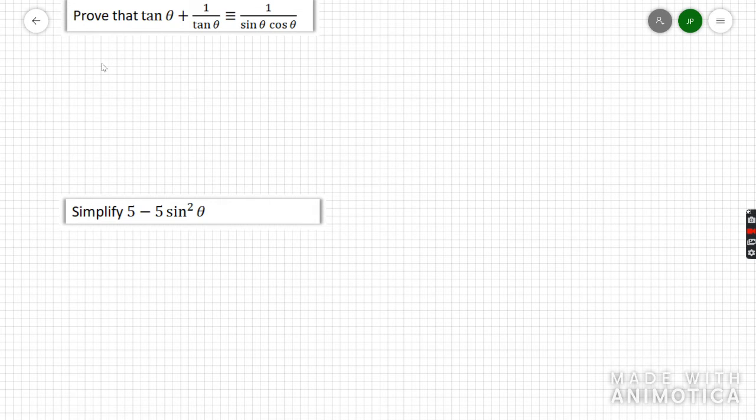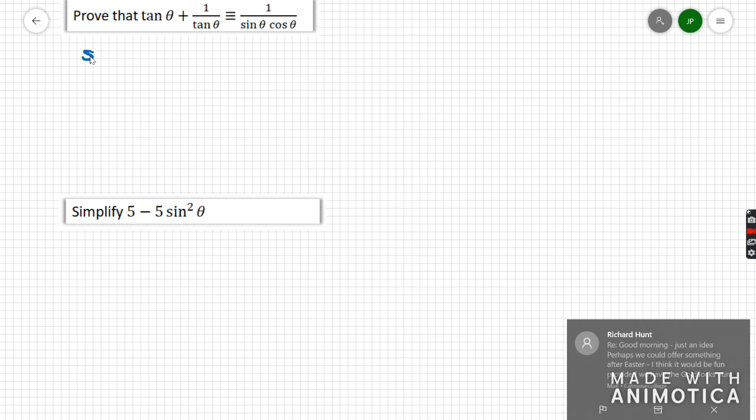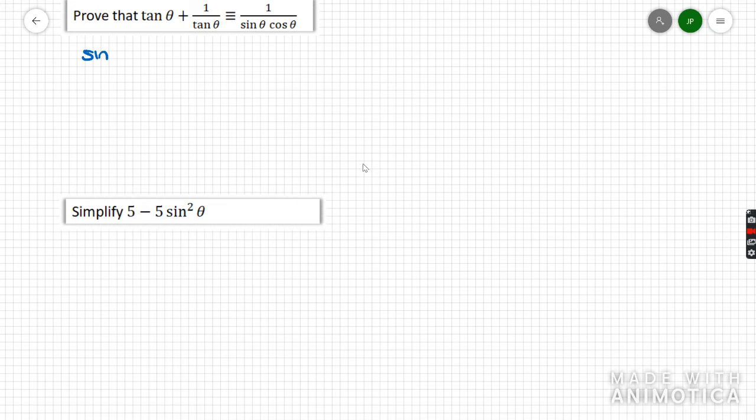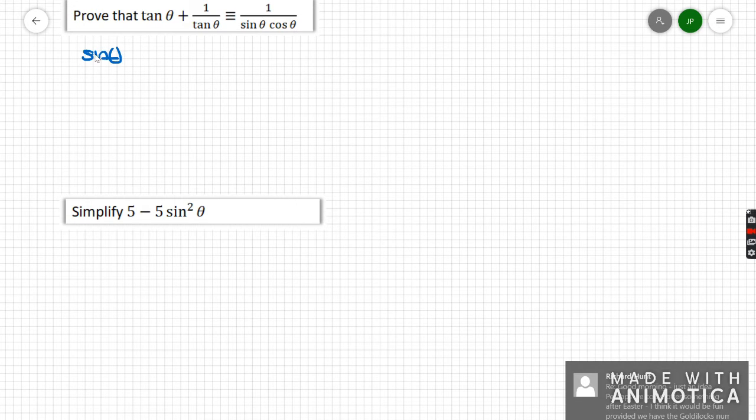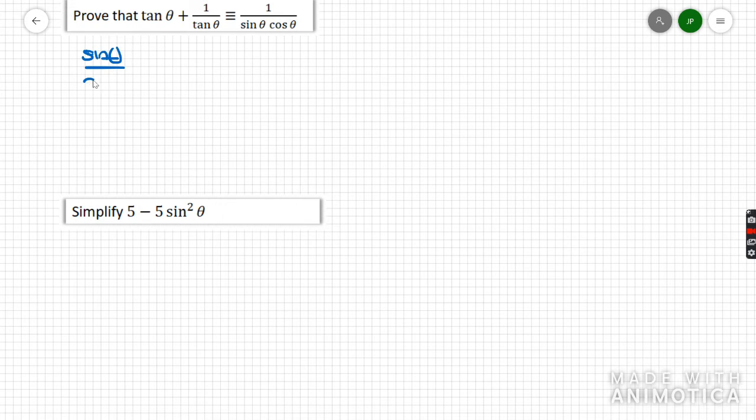So tan theta is sine theta over cos theta, plus 1 over tan, which again is cos over sine. So I'll have sine theta over cos theta plus cos theta over sine theta, and that's going to equal 1 over sine theta cos theta.